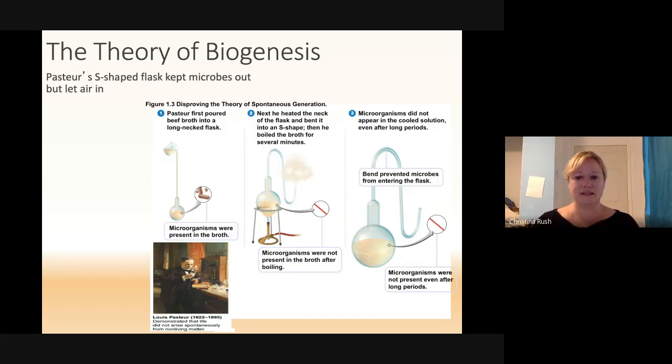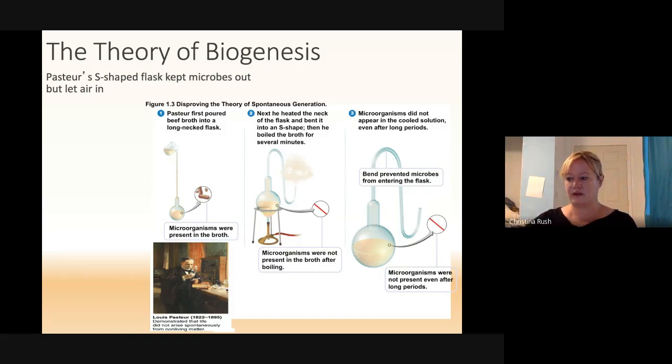So then what he did is he created this S-shaped flask, where the microbes weren't able to migrate into the flask, but air, being very small particles, still could get into the flask. So he boiled his media so it was sterile. He introduced his microbe.